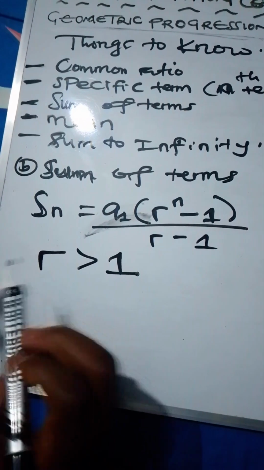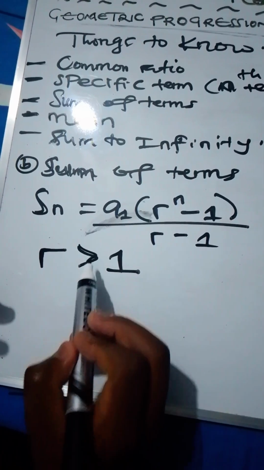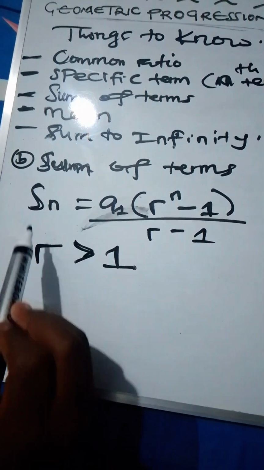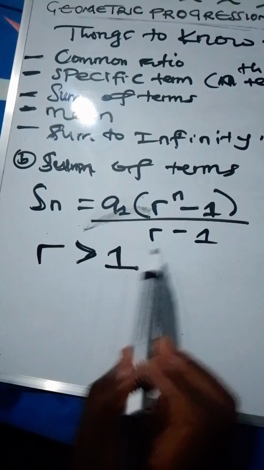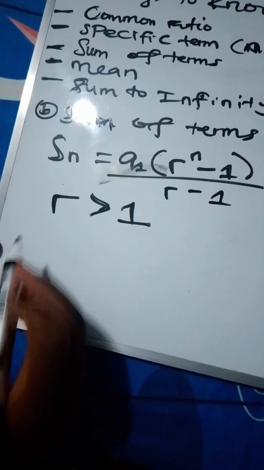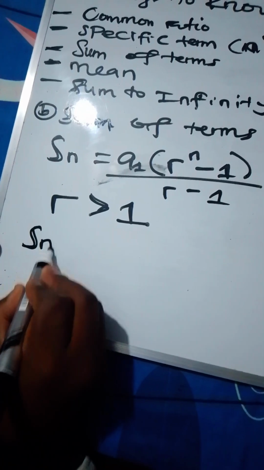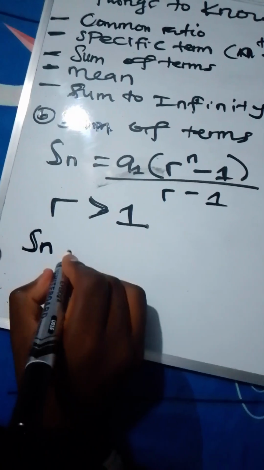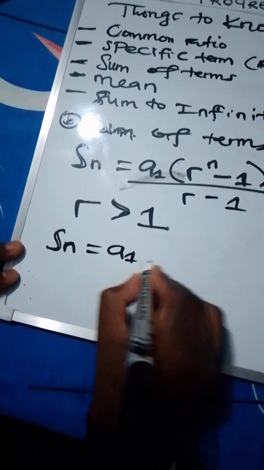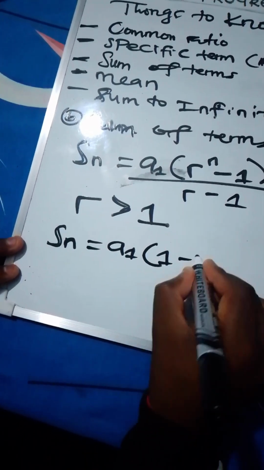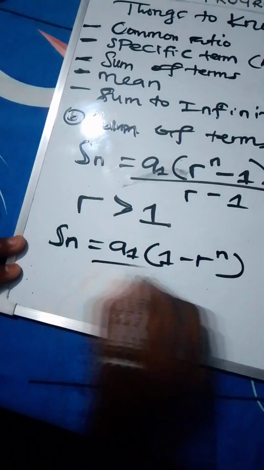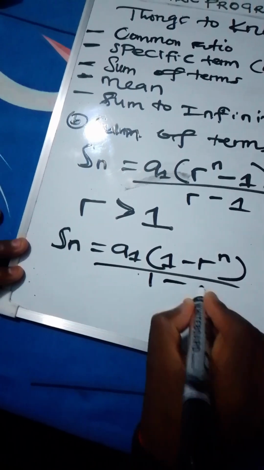So you need to compare the common ratio. The formula that you're going to use depends on the value of the common ratio that you find. Now we have another formula: Sn is equal to a times 1 minus r to the power n over 1 minus r.